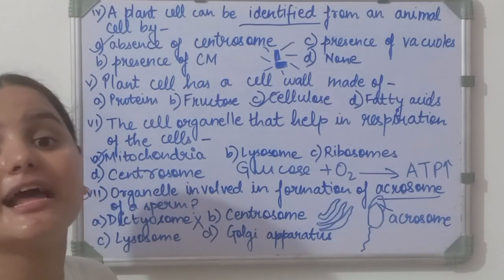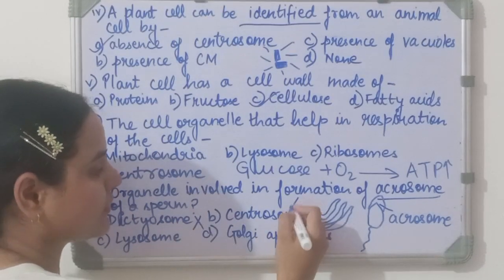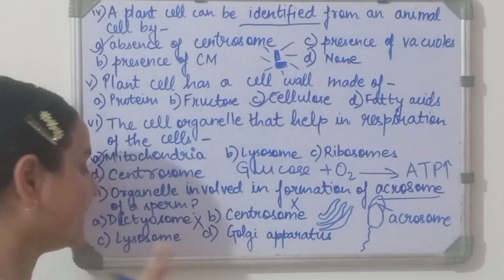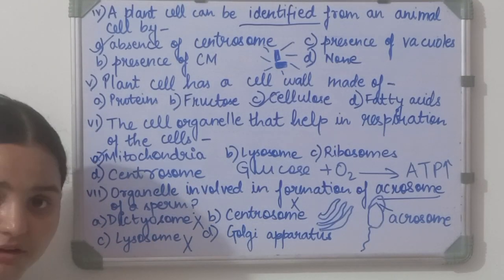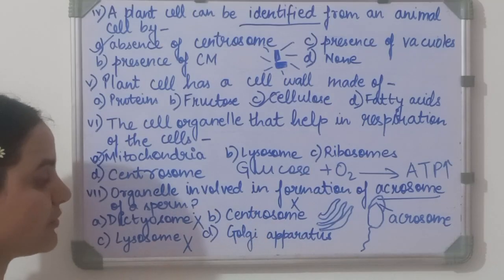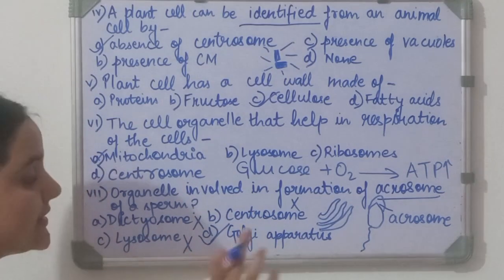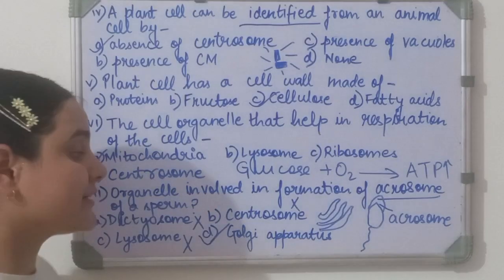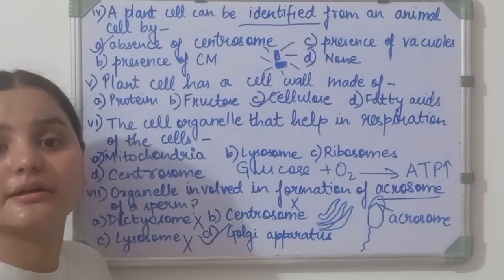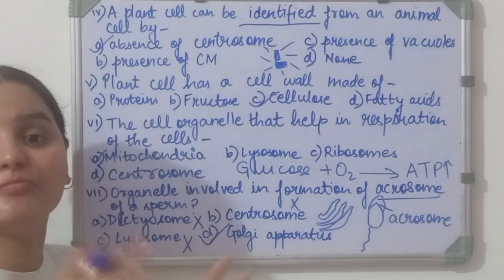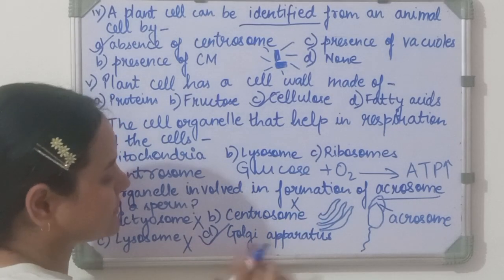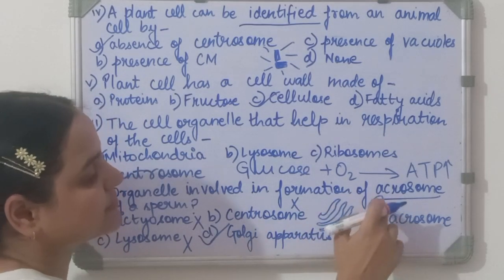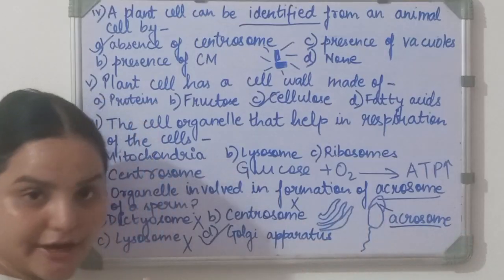Centrosome, they were helping in cell division, so this option is also eliminated. Lysosomes, they were responsible for intracellular digestion, and last option is Golgi apparatus, which is our correct option. This Golgi apparatus, its function was what? Its function was packaging of proteins, enzymes. So here this Golgi apparatus is responsible for the formation of this acrosome.